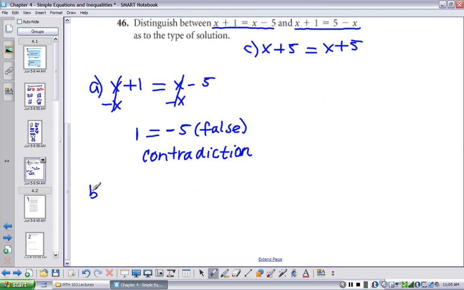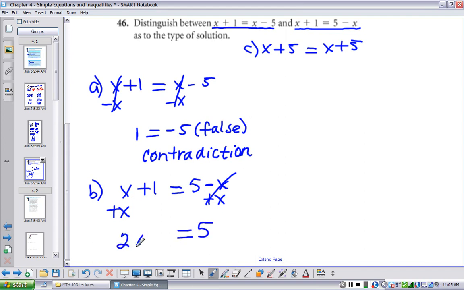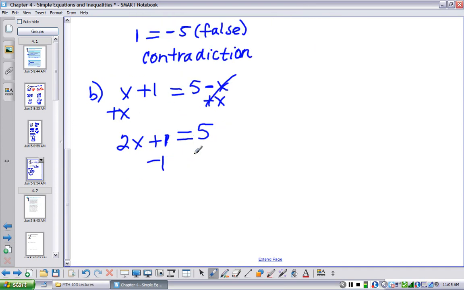Now part B, we have x plus 1 equals 5 minus x. Now, I'm going to go ahead and add x to both sides. That gets rid of those x's on the right hand side. I'm left with 5. Here on the left hand side, I have 2x plus 1. So I can subtract 1 from both sides to get my x term on one side by itself. And I can divide by 2.